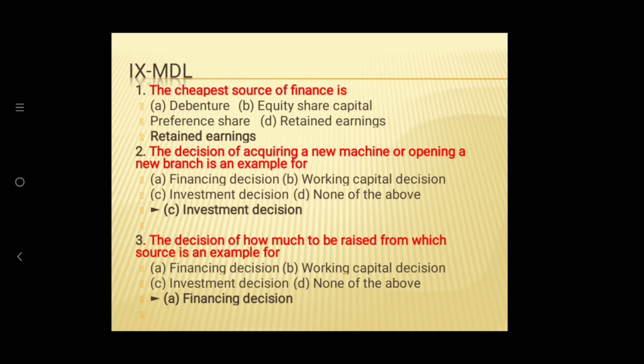Option C, investment decision. Next question, the decision of how much to be raised from which source is an example for option A, financing decision, B, working capital decision, C, investment decision, D, none of the above. Option A, financing decision.